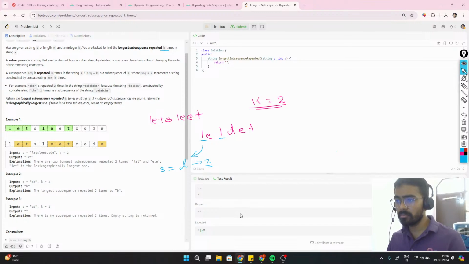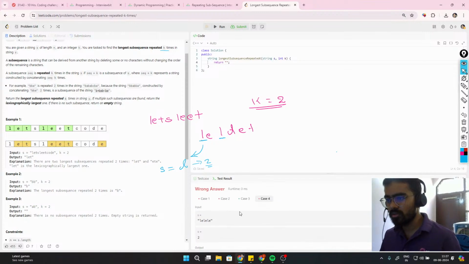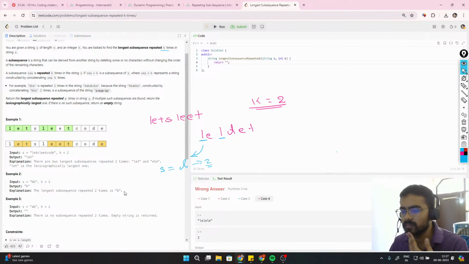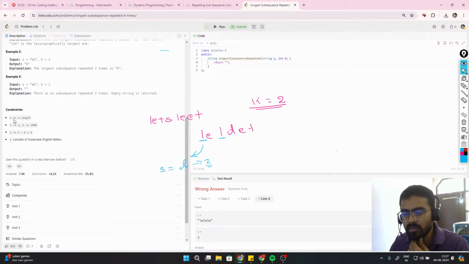It must be repeated at minimum K times, it can be more than K also. Because LE is repeated 3 times, but still my expected answer is LE. And the maximum it can go is 2000.